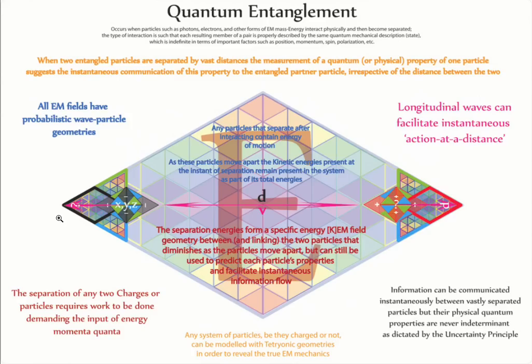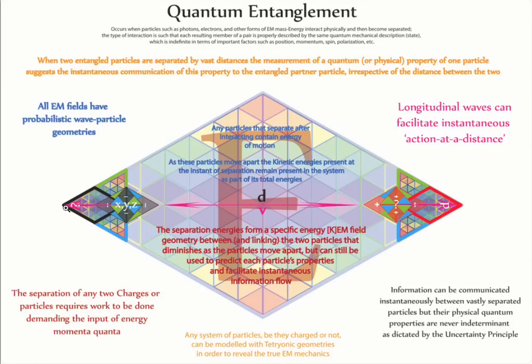Or you can just view it as the Tetryonic view of the mass energies that went into doing the work to separate the particles. In either case, irrespective of how you view it, we can still apply Tetryonic geometries to both the particle properties and the wave properties of both particles in the system as they move apart.